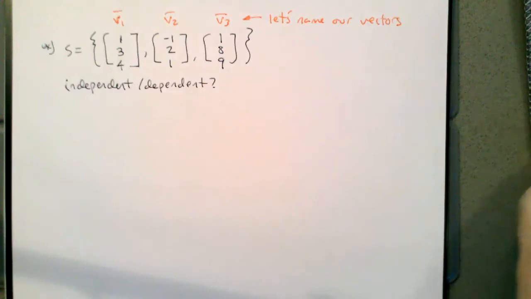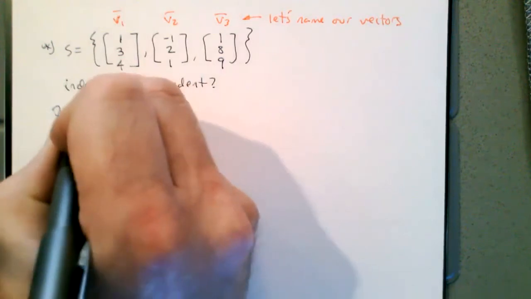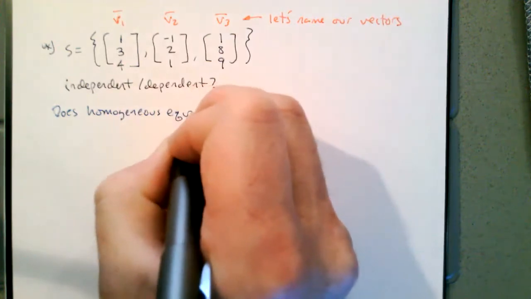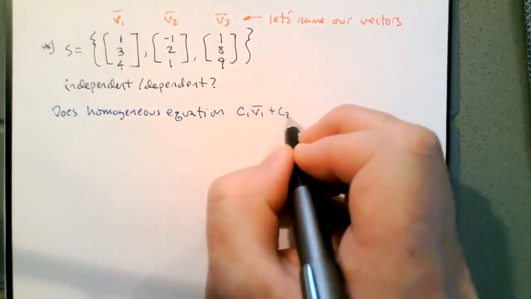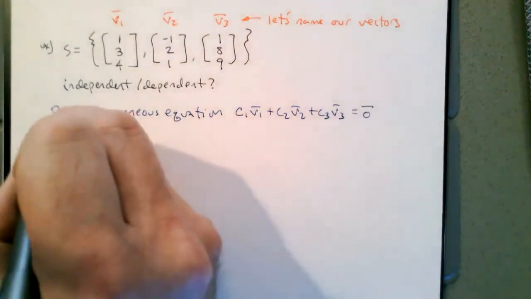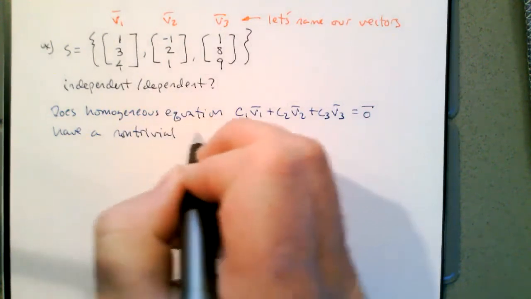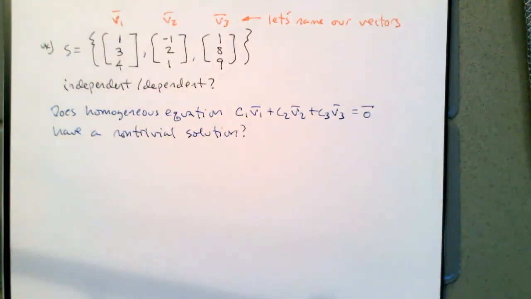So we're asking, does the homogeneous equation C1v1 plus C2v2 plus C3v3 equals 0 have a non-trivial solution?